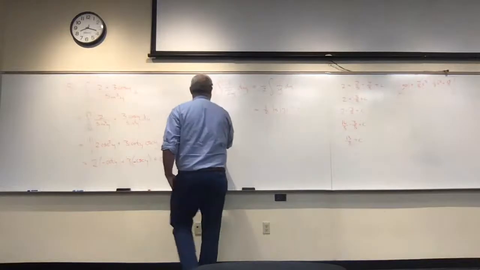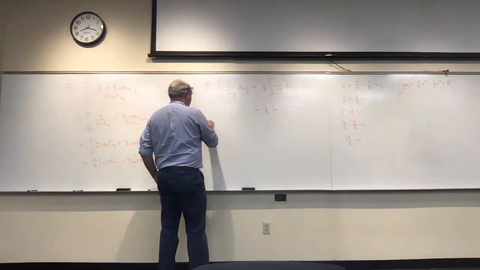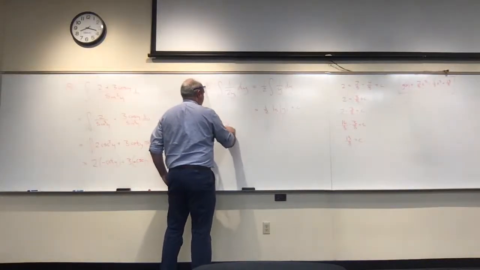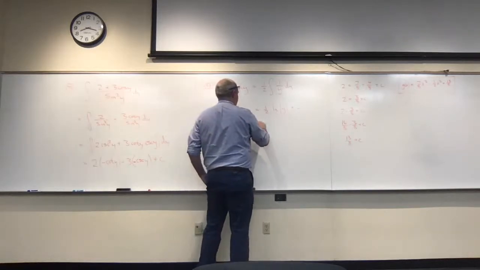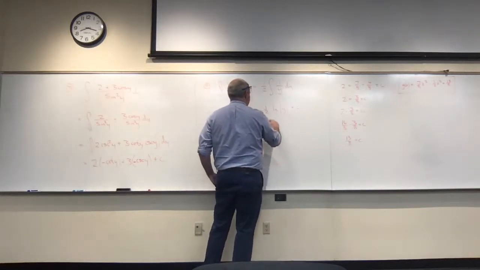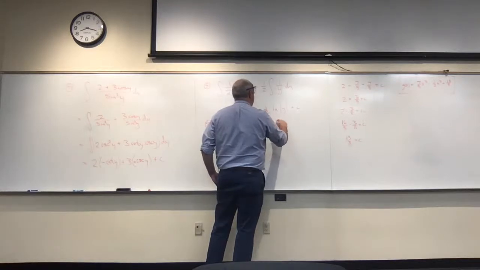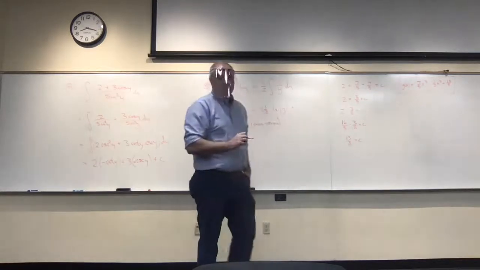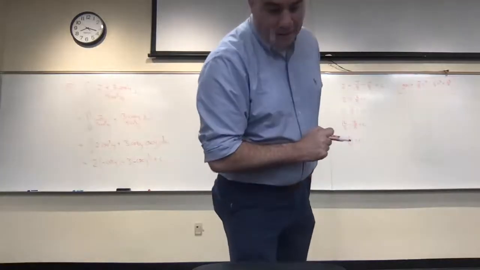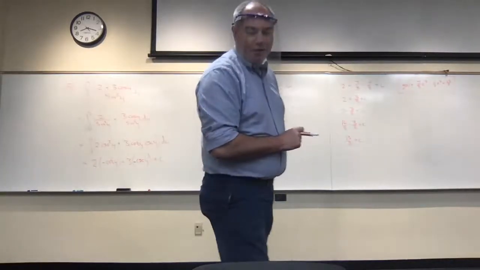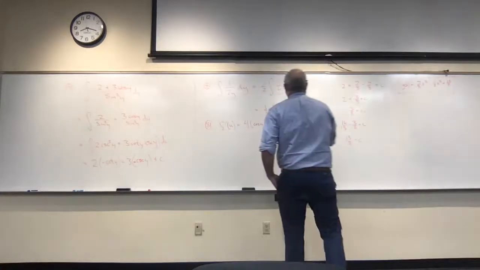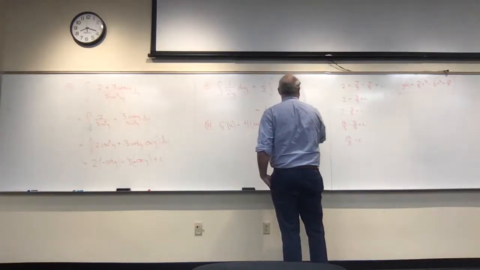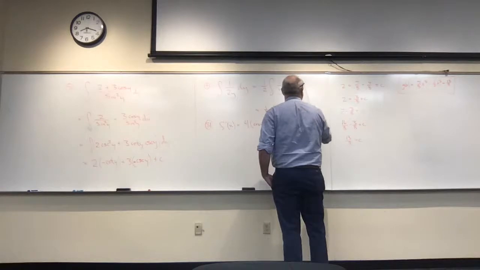So this is number 81. f prime of u is 4 cosine u minus sine u. Is that correct? Yes. And f of pi over 2 is 0. f of pi over 2 equals 0.